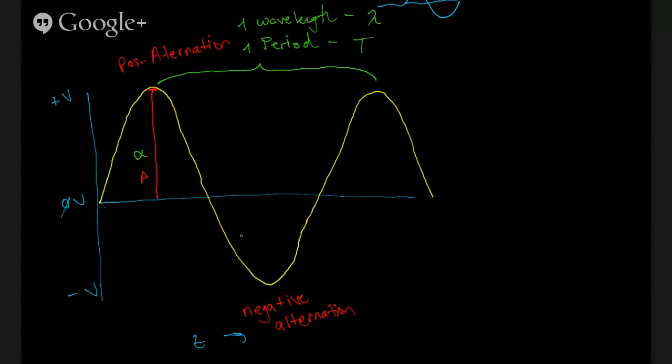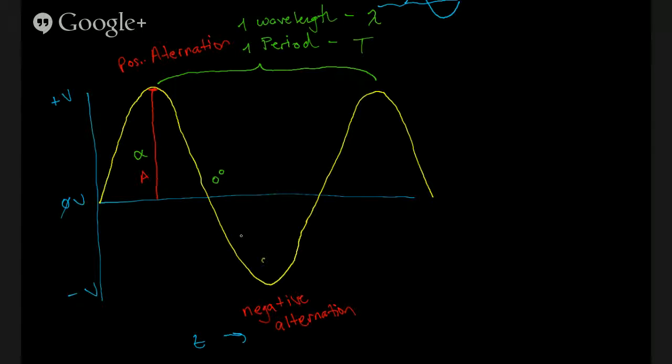And we can number these parts of our waveform. If this is one period, let's look at this half cycle here. Then for our period, we could say this is 0 degrees.